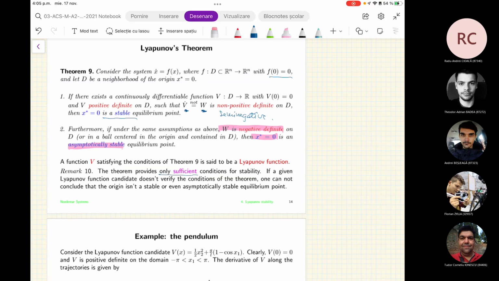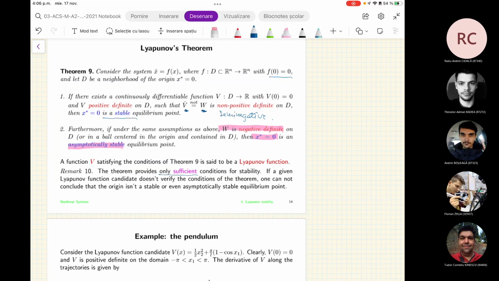If you didn't find the Lyapunov function, that doesn't mean that it doesn't exist, or that the origin is not stable. It doesn't necessarily mean that. That means you didn't find the proper Lyapunov function to do it, or maybe it doesn't even exist.